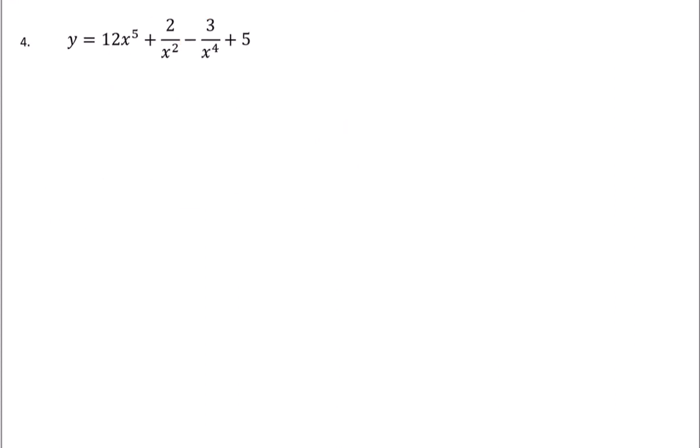Okay, one more example then. So if we go term by term, our first term is fine, 12x to the power of 5. We can differentiate that easily. Then we got this one, which isn't very nice. So that's 2 lots of 1 over x squared. So that's 2 lots of x to the power of minus 2.